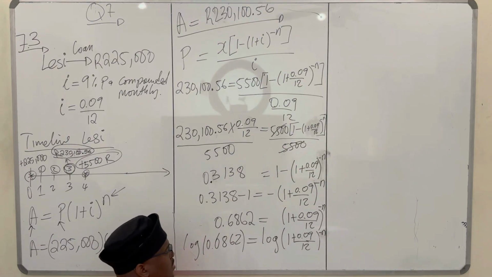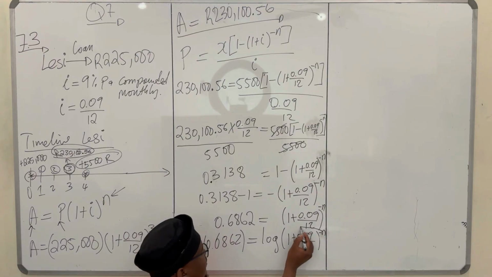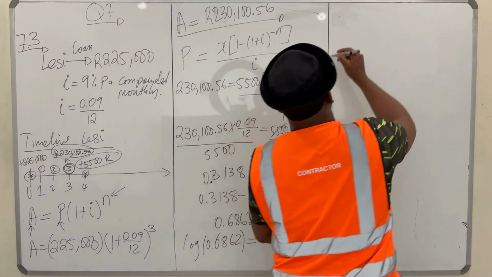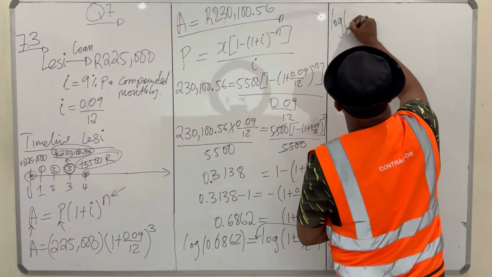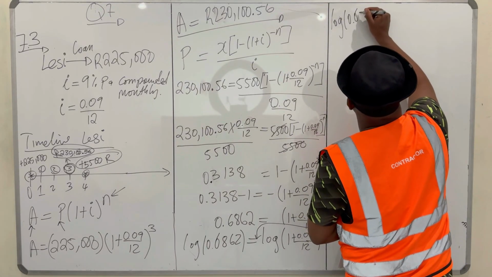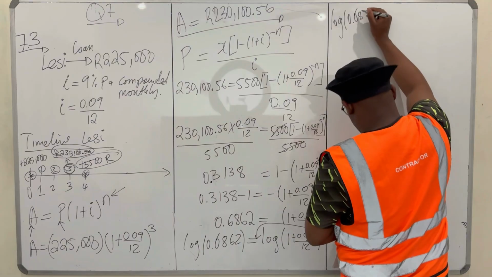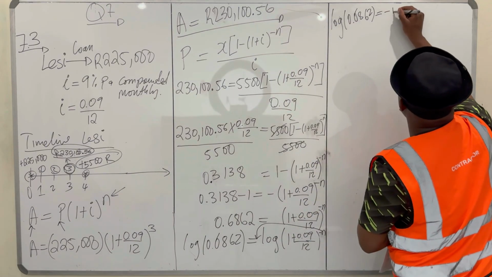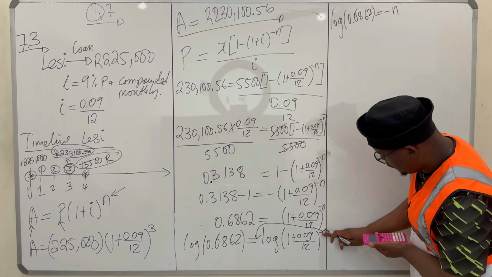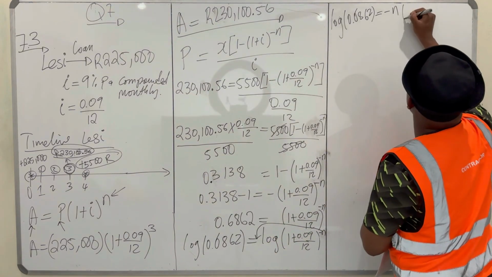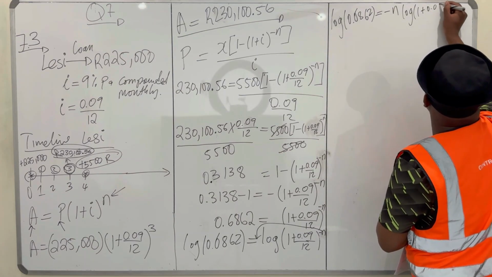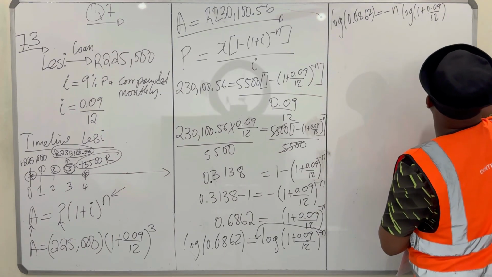So what does that do? This log takes this negative n and puts it in front there. So what you will have is the log of 0.6862 is equal to negative n, which is this n of yours, going in front of log of (1 plus 0.09 over 12).